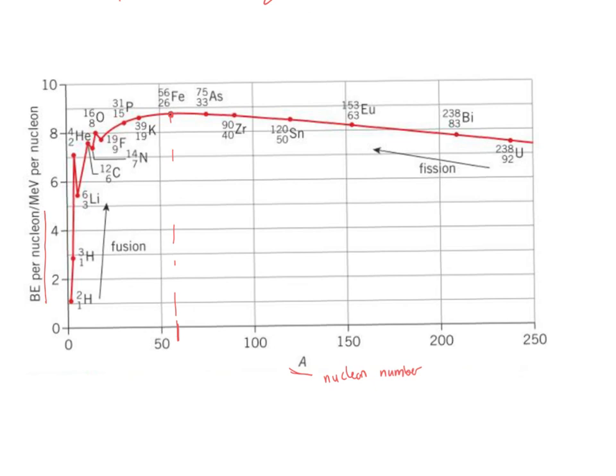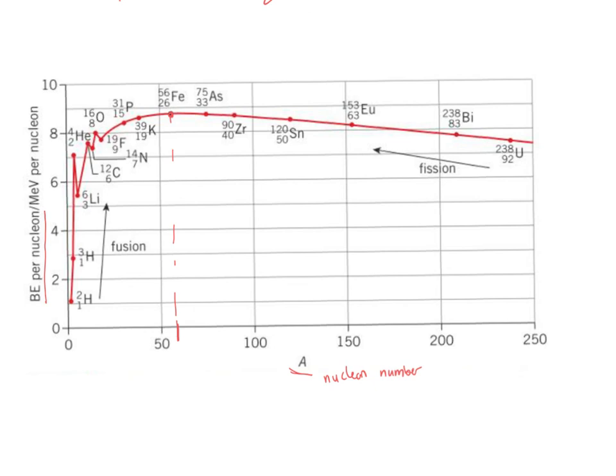So once again, the newly formed nucleus will have greater binding energy than the initial nuclei, so energy will be released. Fusion is something that happens in the sun and in the stars, like our sun. That's how they release their energy, because they have elements that have lower binding energies and they form into something that has greater binding energy. So energy is being released in the process.